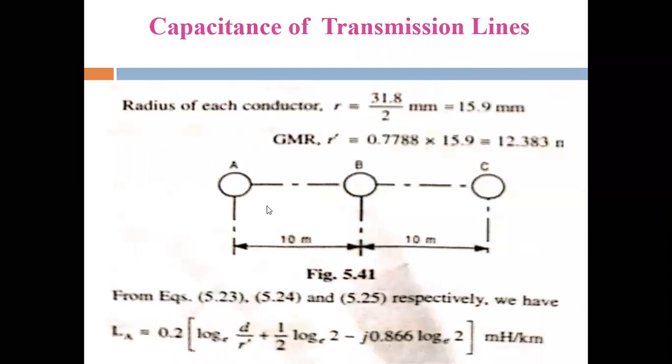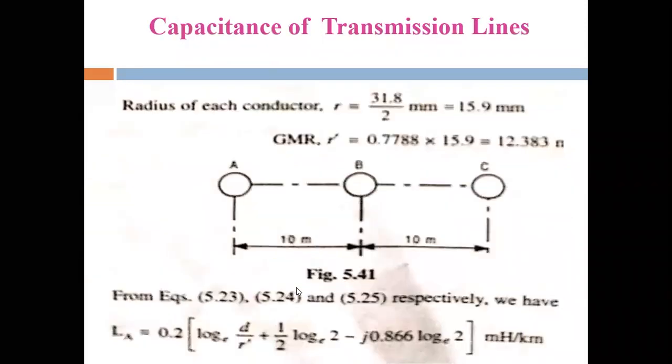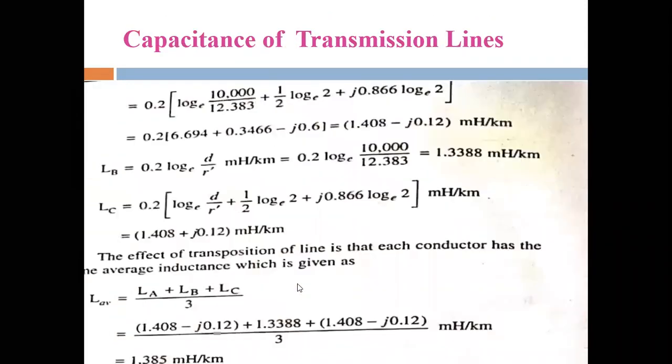What is the s value? 40 centimeters. It is given that the equilateral triangle is formed with a spacing between the conductors in the bundle of 40 centimeters, that is 0.4 meters.